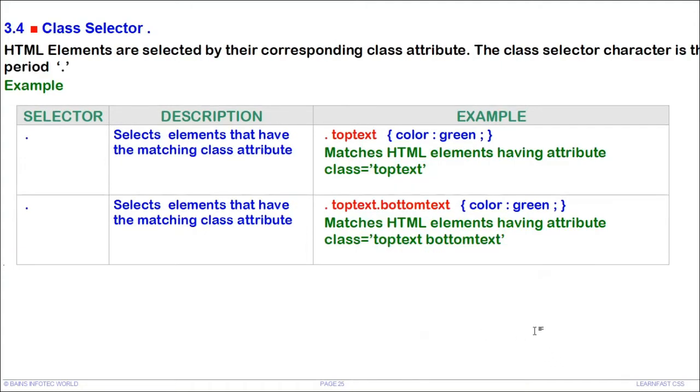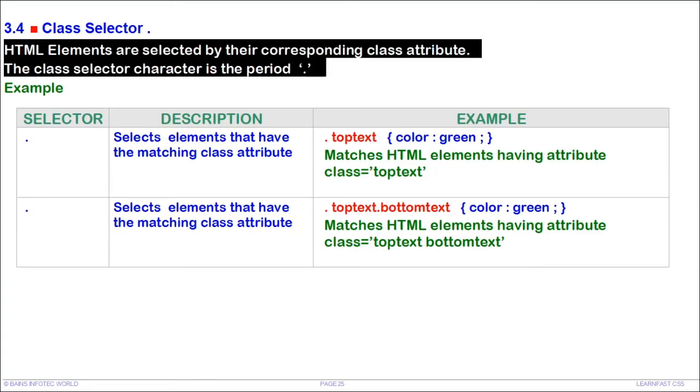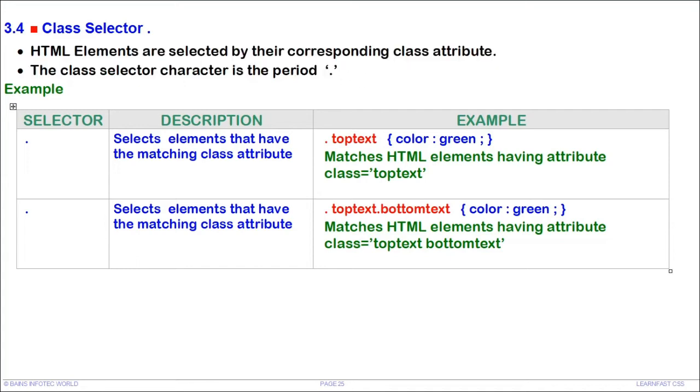Okay, next section, class selector dot. So if we want to select a class, we can use the period. HTML elements are selected by their corresponding class attribute. The class selector character is a period. For example, we have a period here, selector.